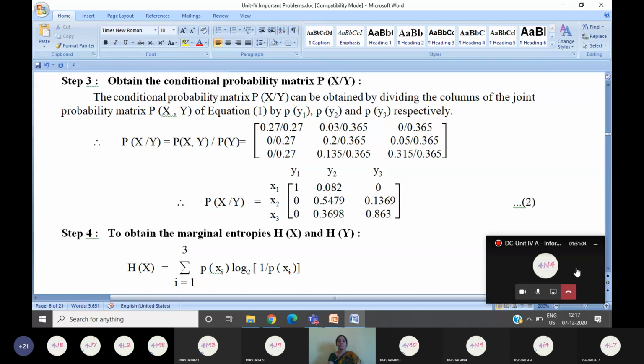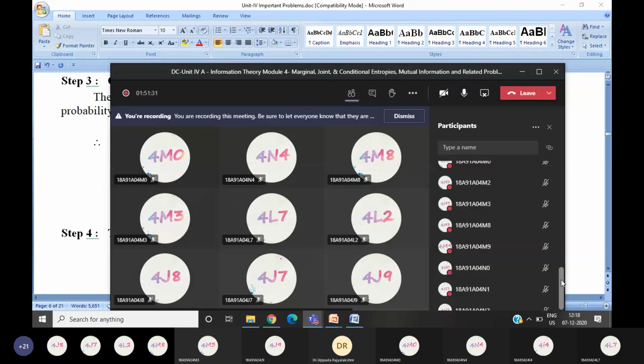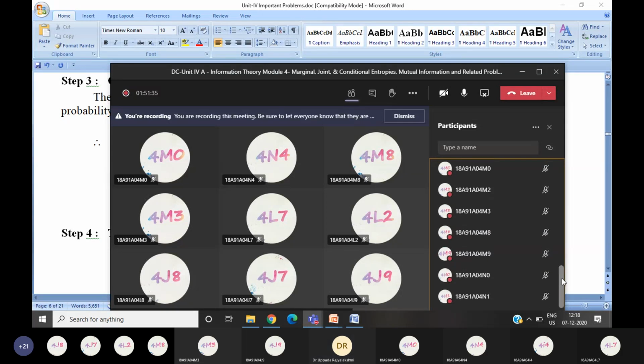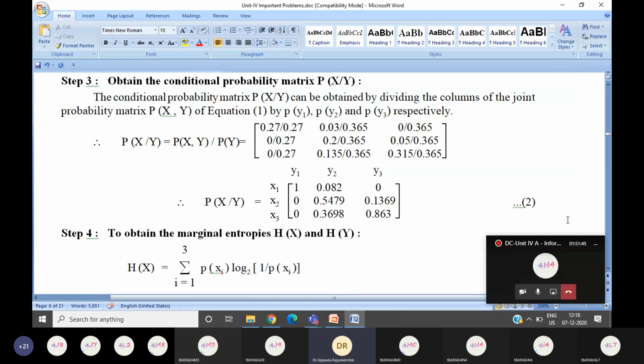How can you verify that the obtained P of x by y is correct?